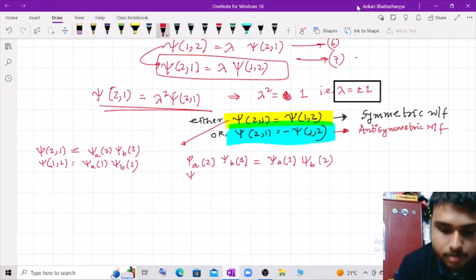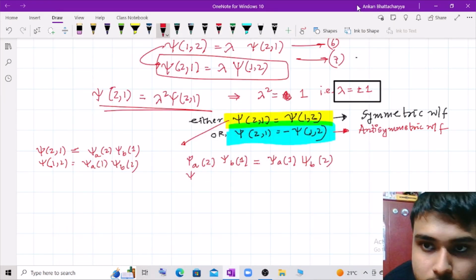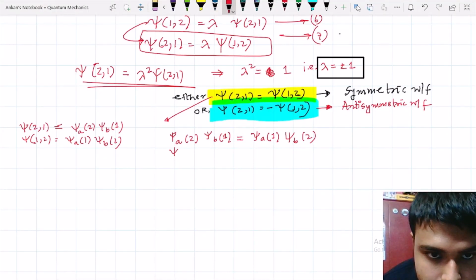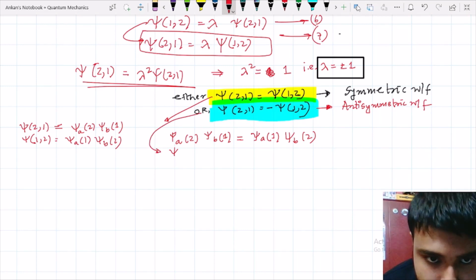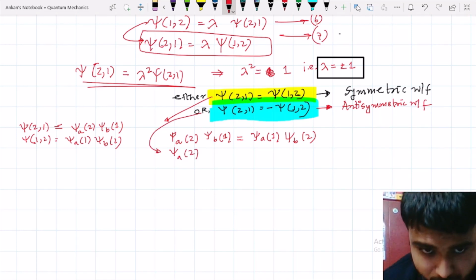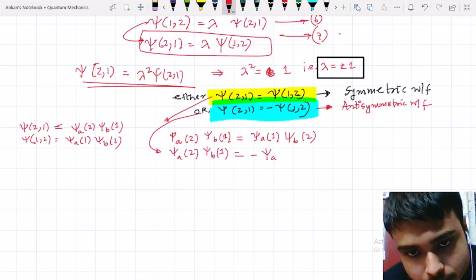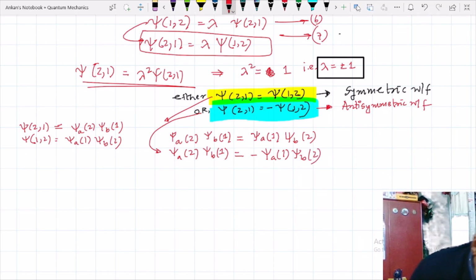From the second case we can also write psi a2 psi b1 is equal to minus psi a1 psi b2.